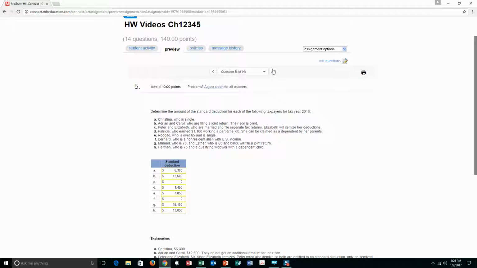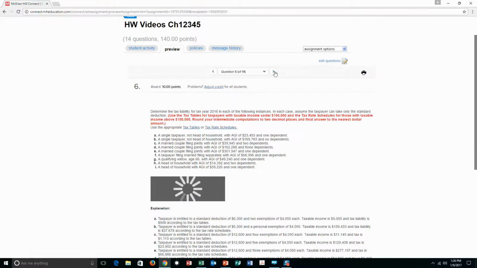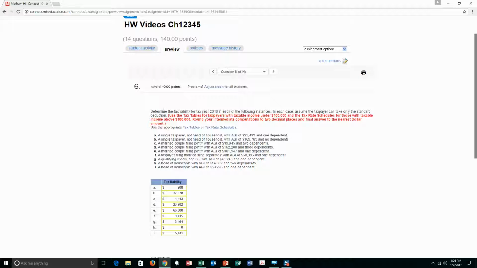Okay, now jumping ahead to the last of the homework questions. We have to determine the tax liability for the tax year of 2016 in each case. Remember that you use the tax table if it's under $100,000 and the tax rate schedule for taxable income over $100,000.